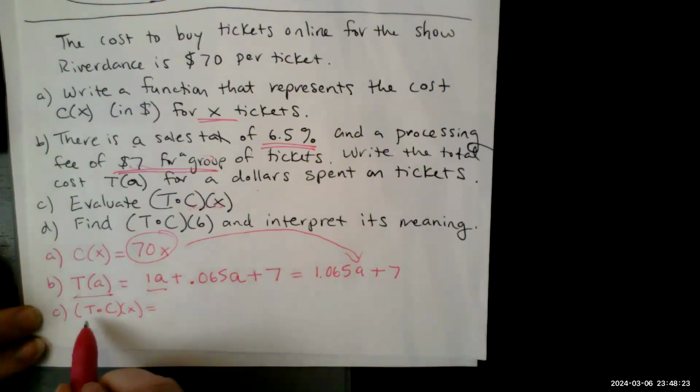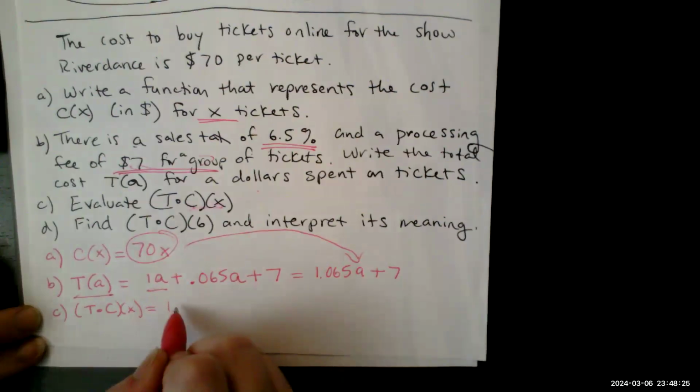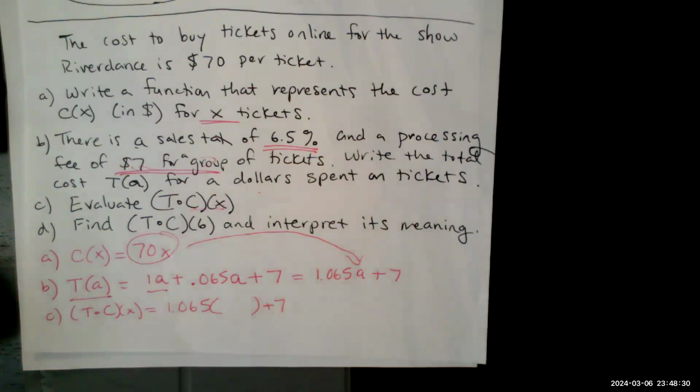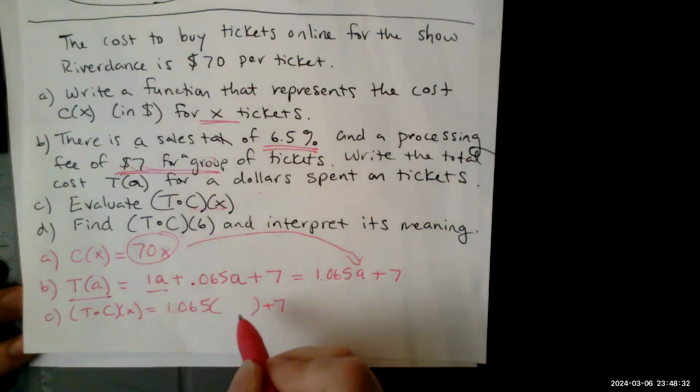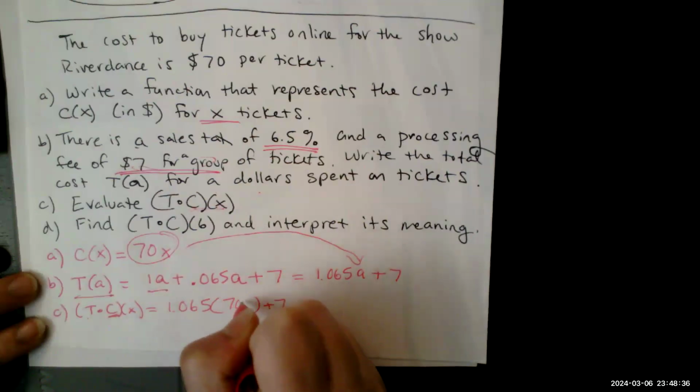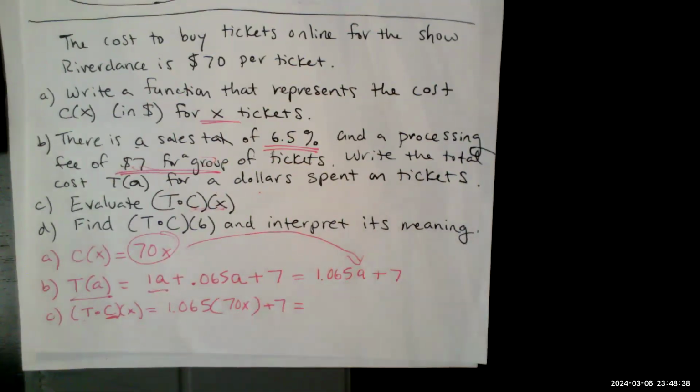The way I've been doing this so far is I start with the T function, right? And I leave my space. And I now plug in the C function. And then we make that nicer if we can.